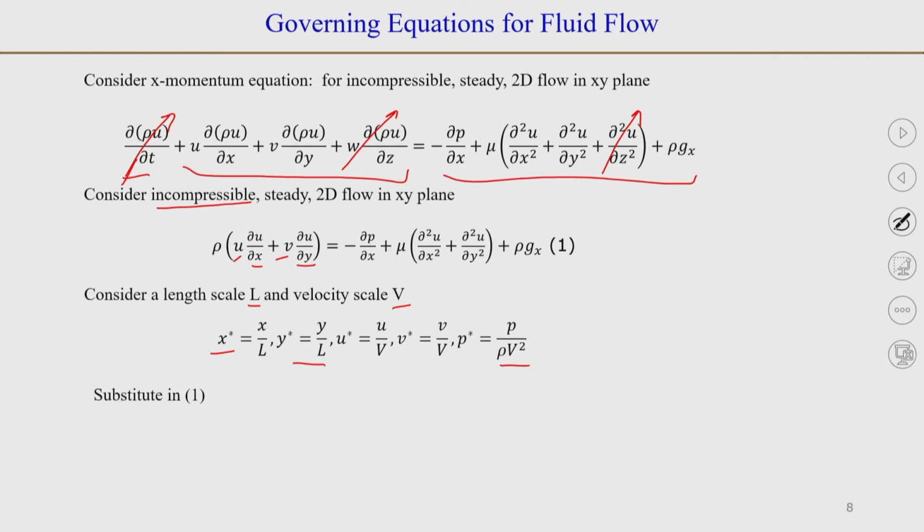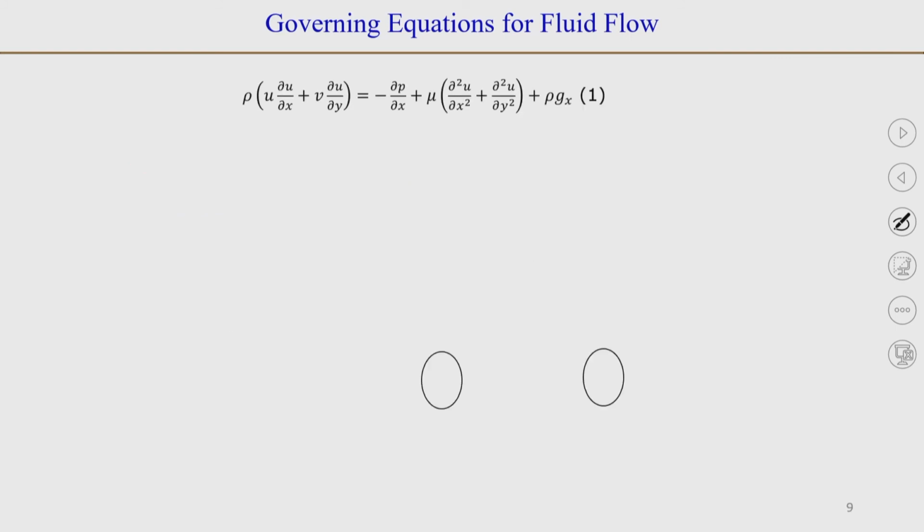Okay. So, when we substitute, let us look at what we get after substitution. First, the term u del u by del x. When we write u as u star into V, you have 2 u in the numerator, so that will be V squared, and 1 x in the denominator.